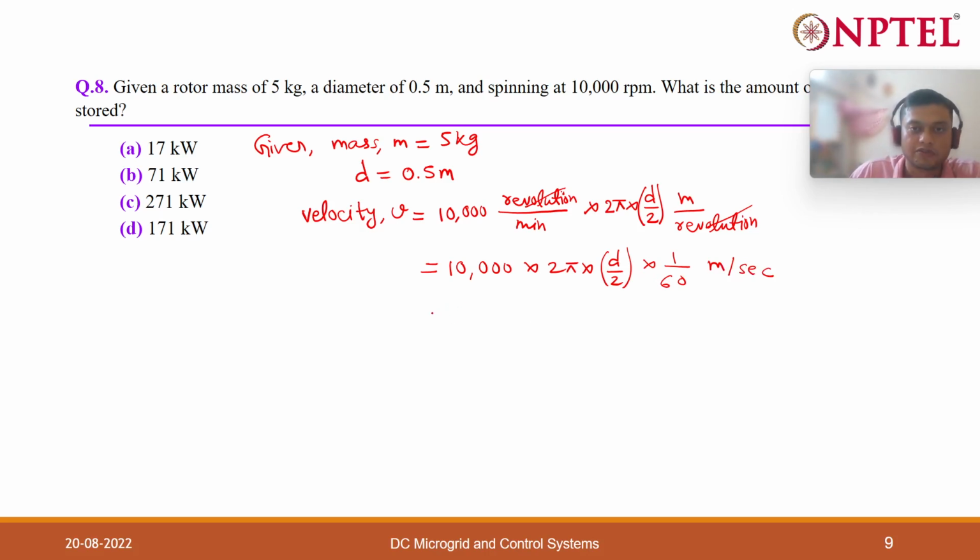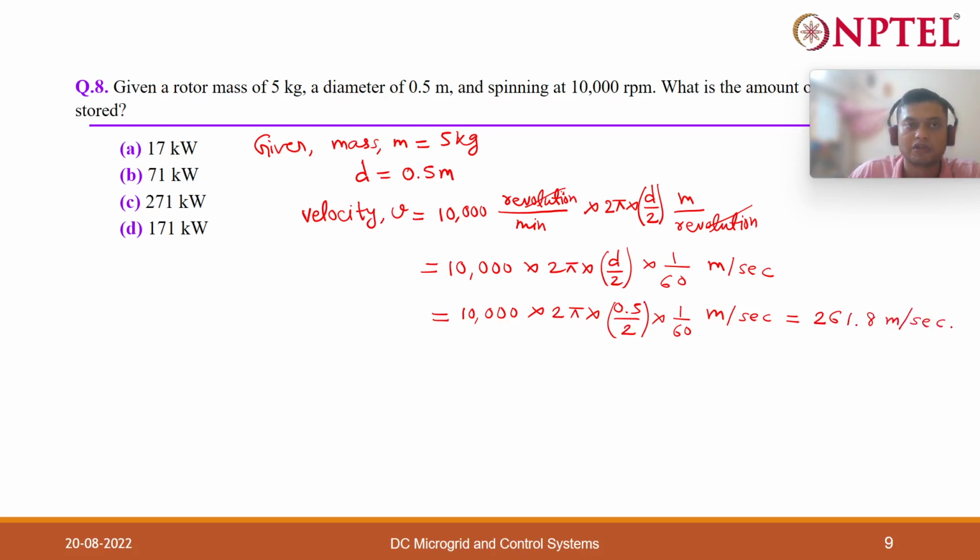So here if you just put these values, 10,000 into pi into d, which is given as 0.5, into 2 into 1 by 60 meter per second. It is coming out to be 261.8 meter per second.